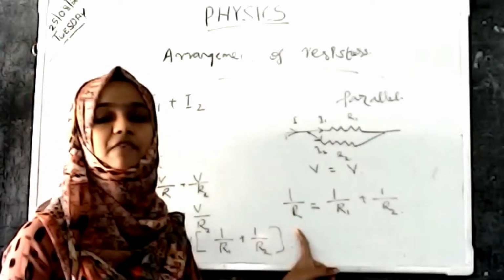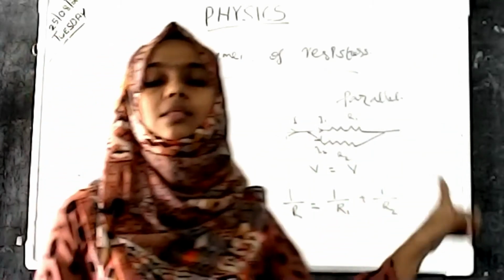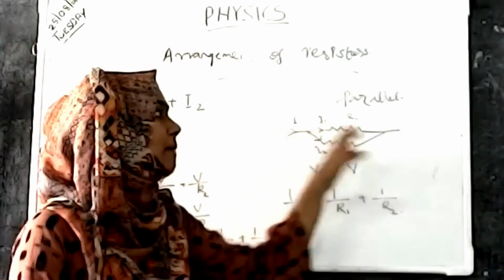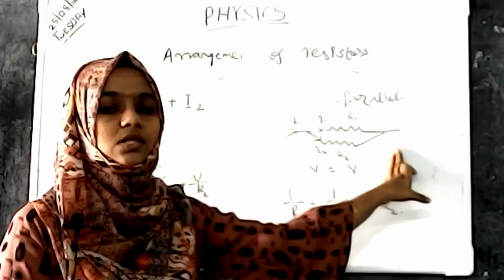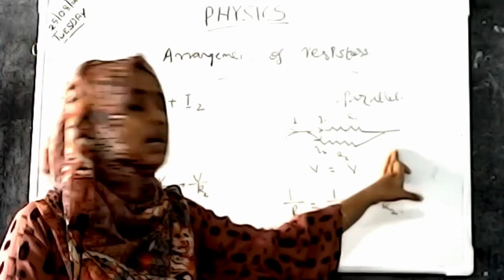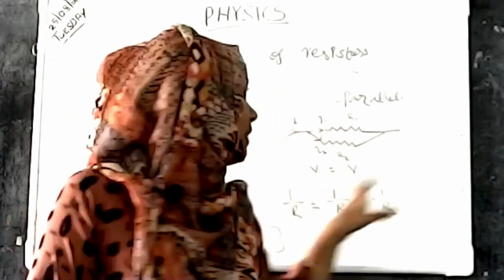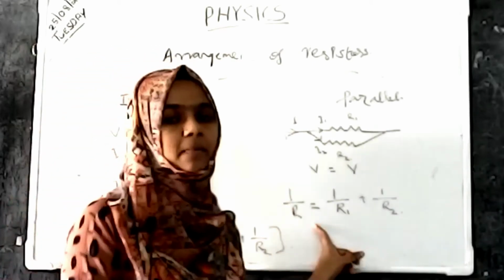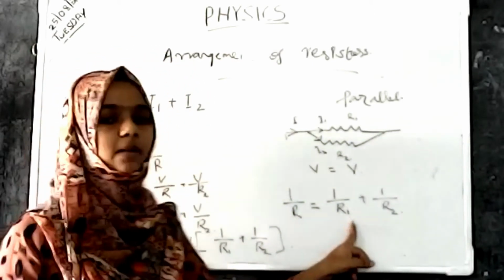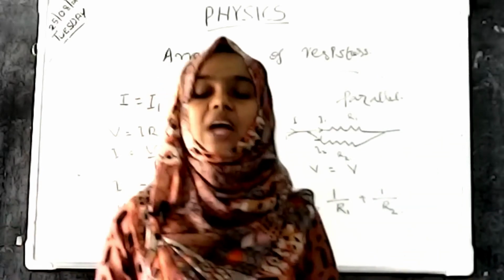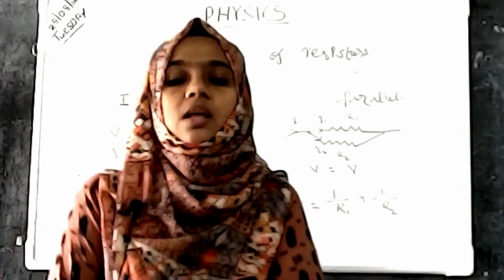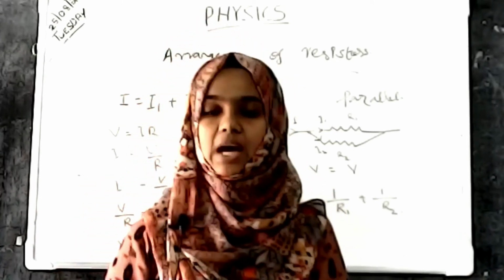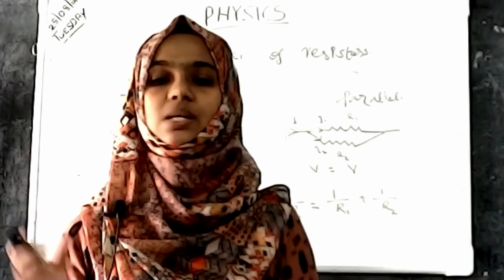And this is the effective resistance of a circuit containing parallel resistors: 1 by R equals 1 by R1 plus 1 by R2. As we discussed in the series connection, if all the resistors connected in parallel have the same resistance, how do we get the effective resistance?